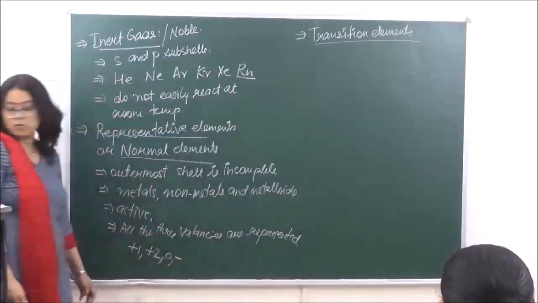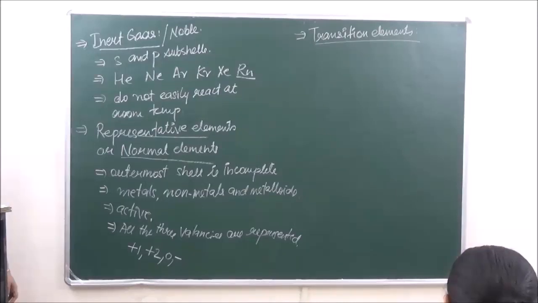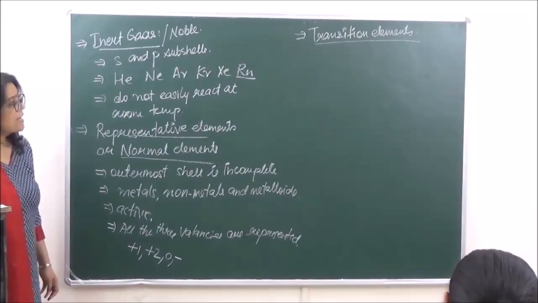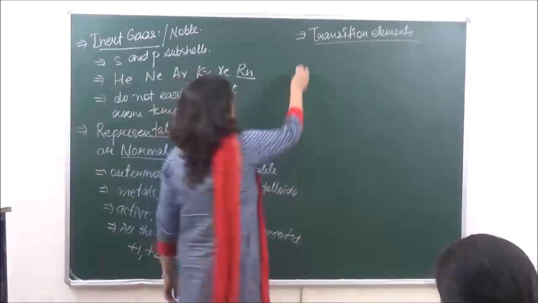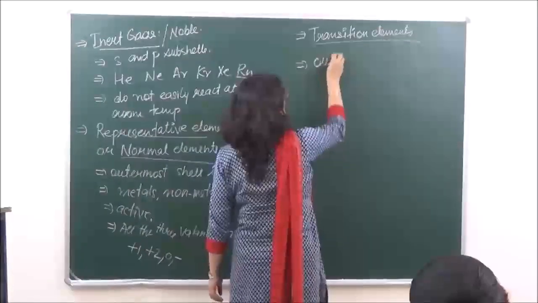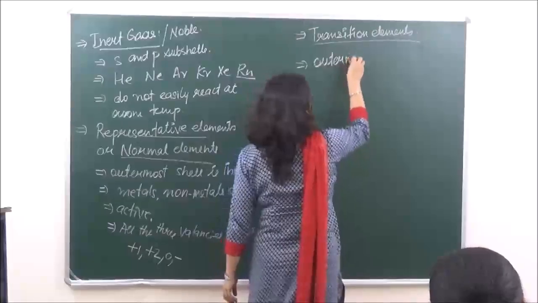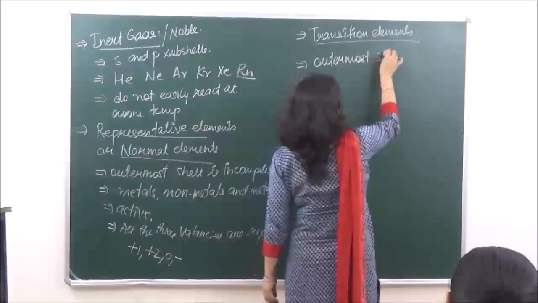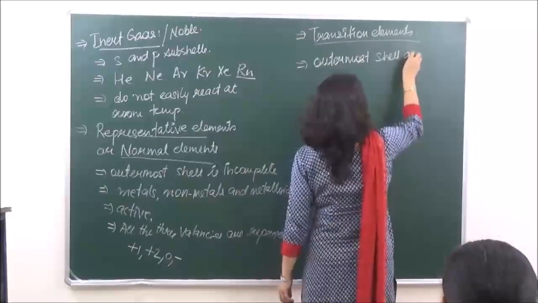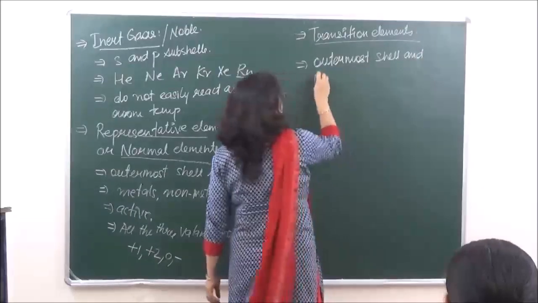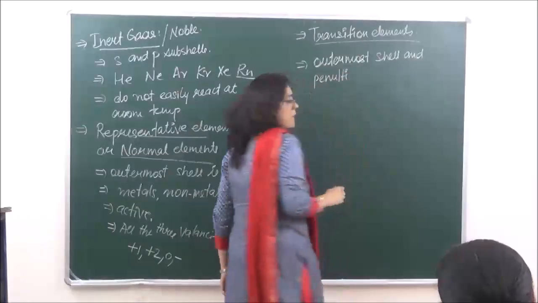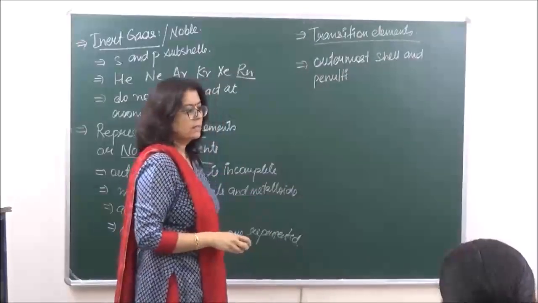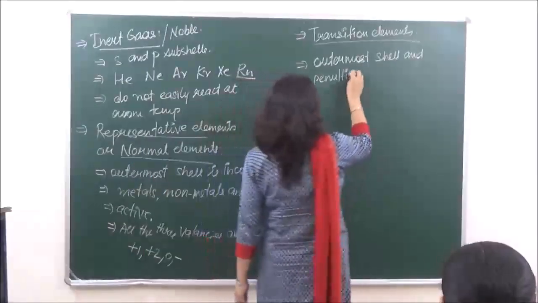In case of transition elements, the outermost shell and the penultimate shell are incomplete. Penultimate is the inner shell next to the outermost shell, right?